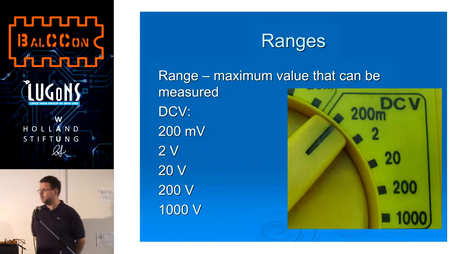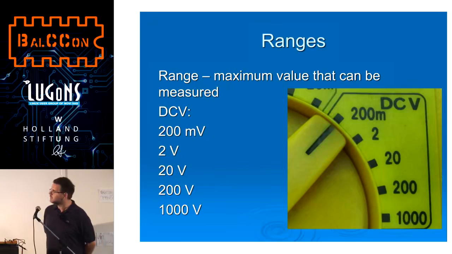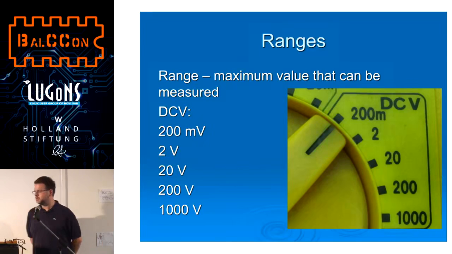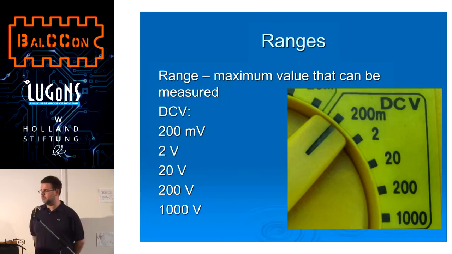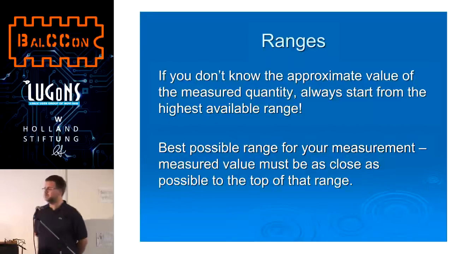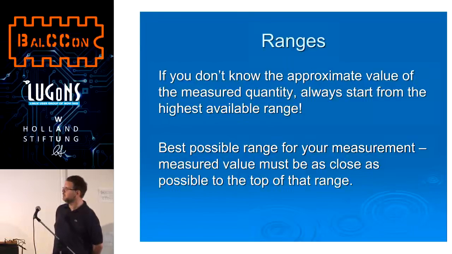First, we'll talk about something that is most useful to most of you. It's DC voltage. You have 5 different ranges: 200 millivolts, 2 volts, 20 volts, 200 volts, and 1000 volts. We'll see why we need them. When you measure something, you don't know how large the value is going to be.